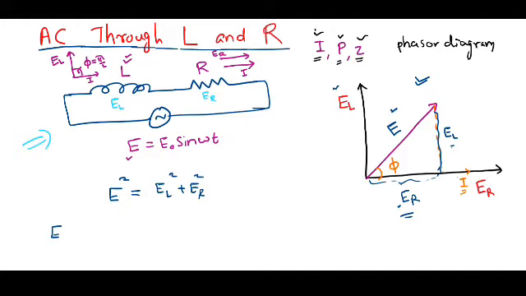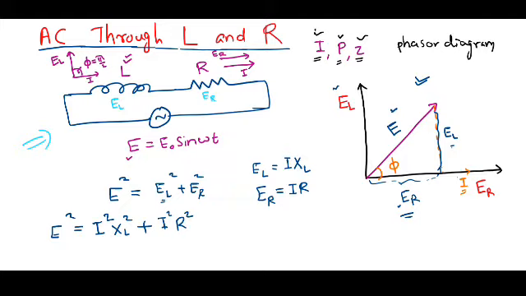That is, this E square can be written with EL, the voltage across the inductor, written as I into the impedance offered by the inductor, that is I XL. The voltage drop across the resistor is I into R. If I substitute these two values here, this will be I square XL square plus I square R square.